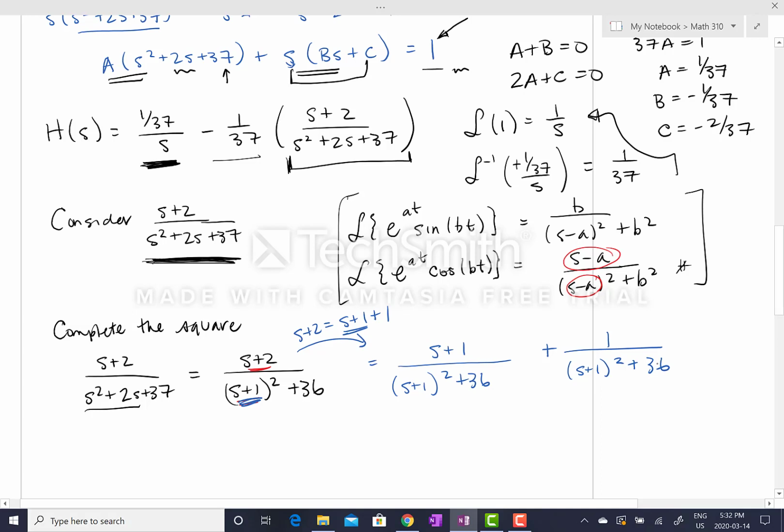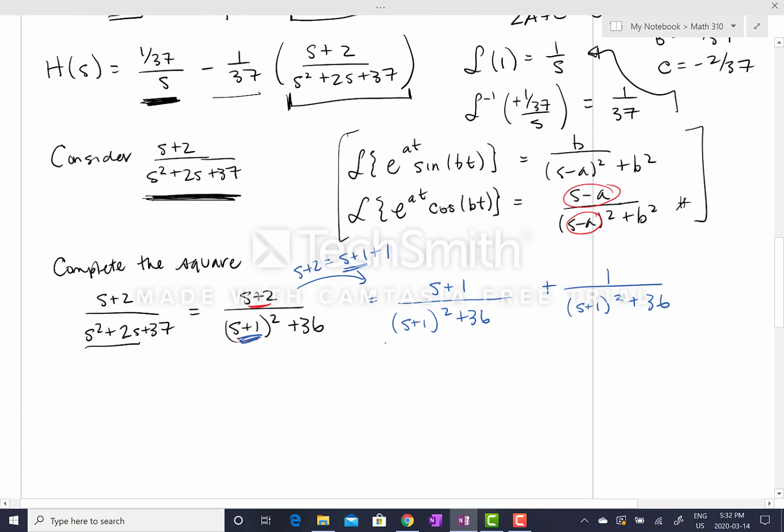I'm starting to get happier because I can identify what the inverse Laplace transform of this thing is. And I'm now looking at the Laplace transform of e to the minus t cos 6t.